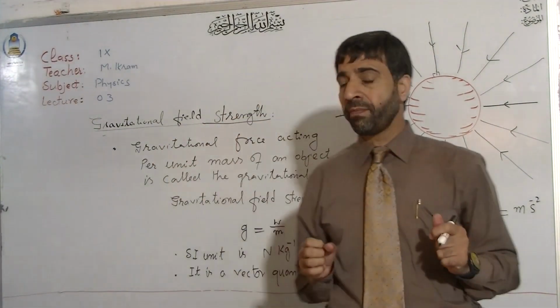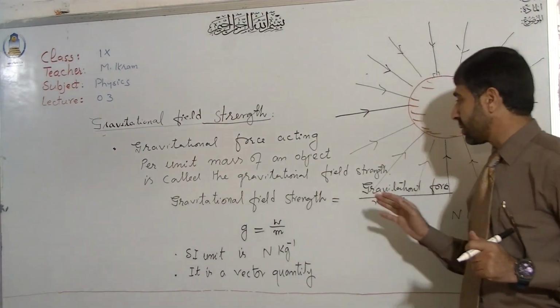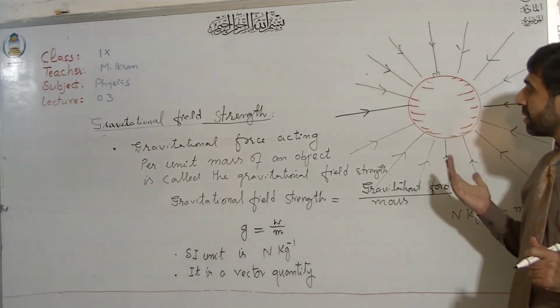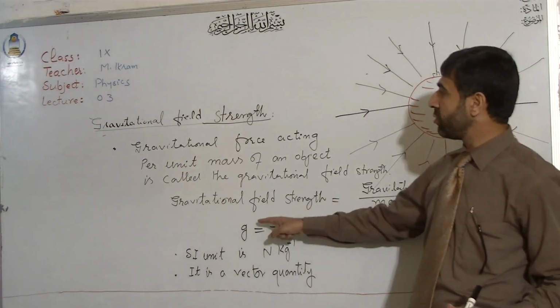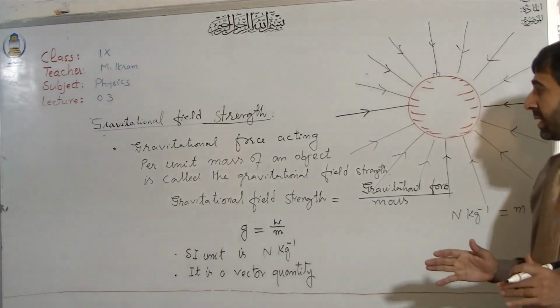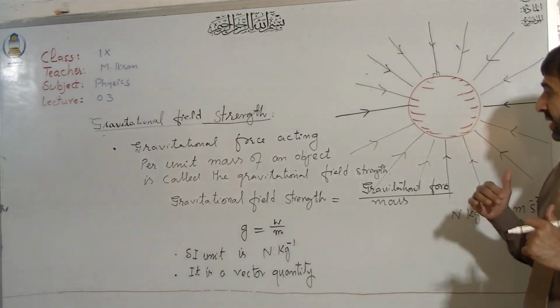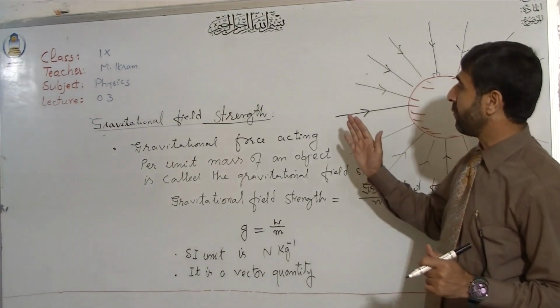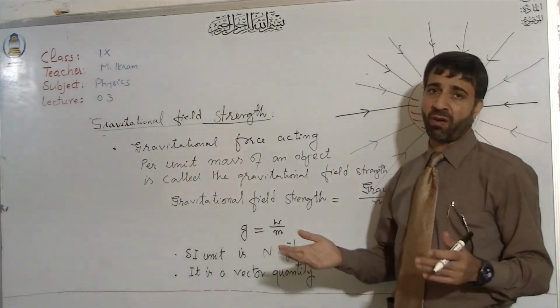Now you see that this is very important. Just by knowing the value of g, the gravitational field strength, we can determine how strong gravity is for certain planets or objects.